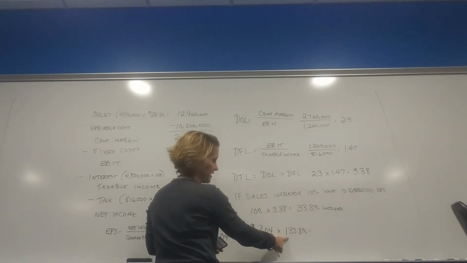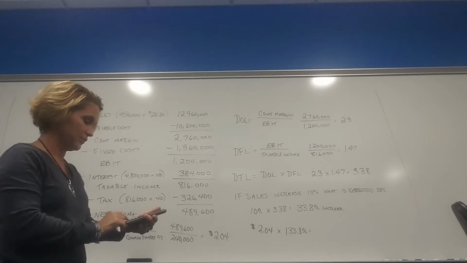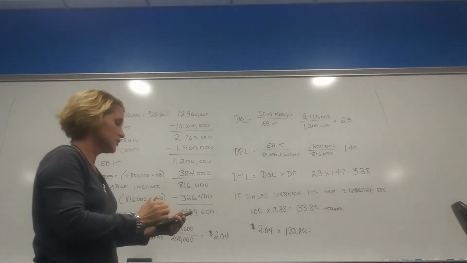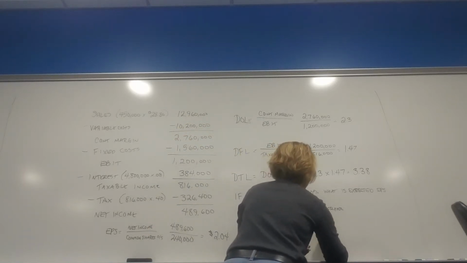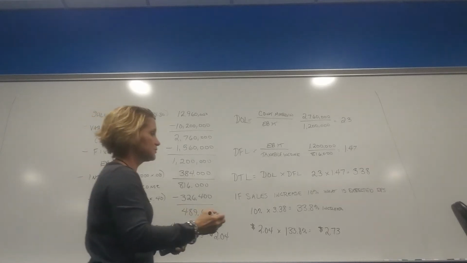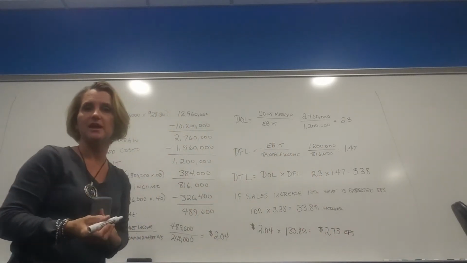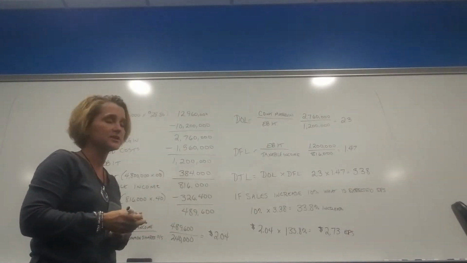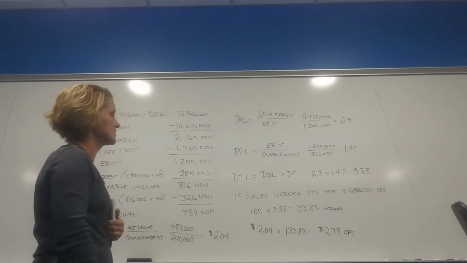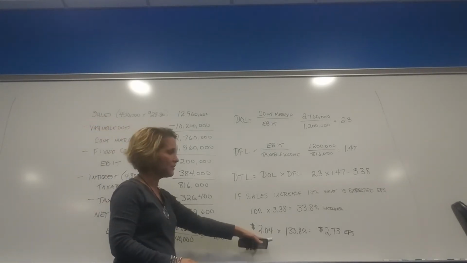Again, it's 100% of what it was last year, plus a 33.8% increase. So that gives me $2.73. That's what I would estimate my earnings per share to be. If my sales go up by 10%, I estimate my earnings per share go up to $2.73.